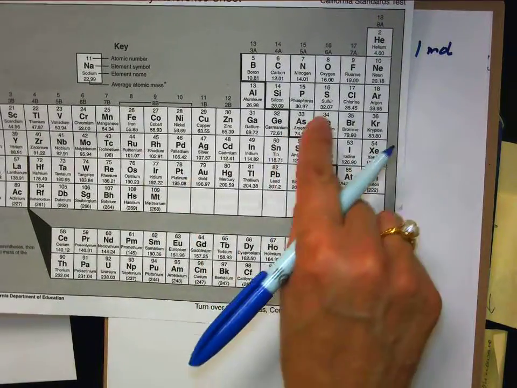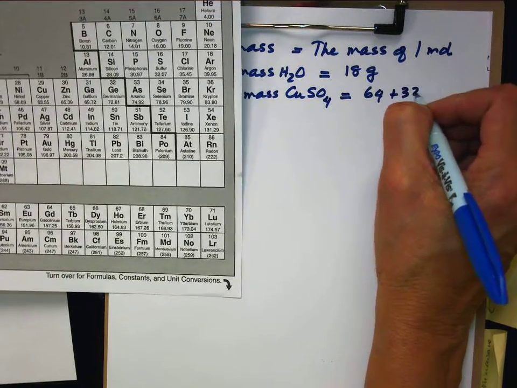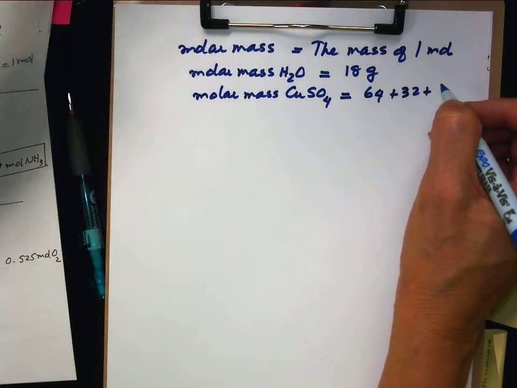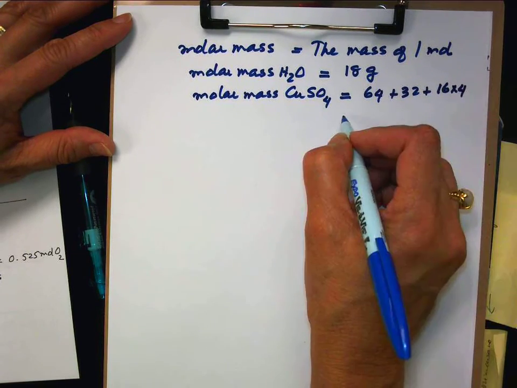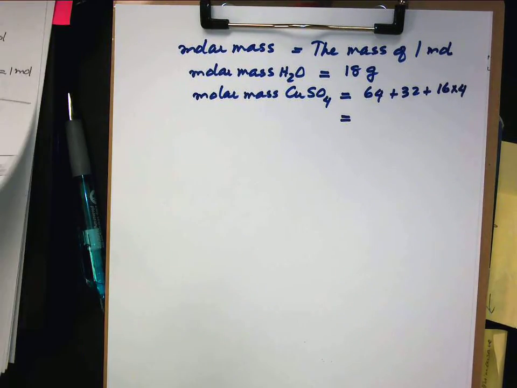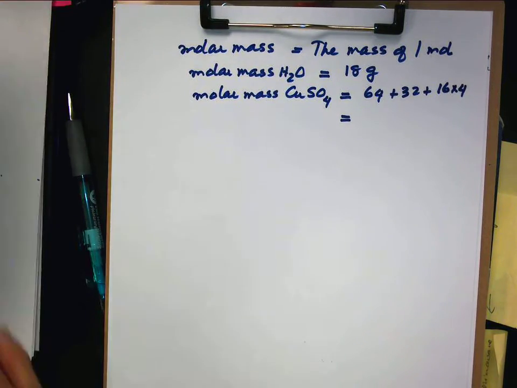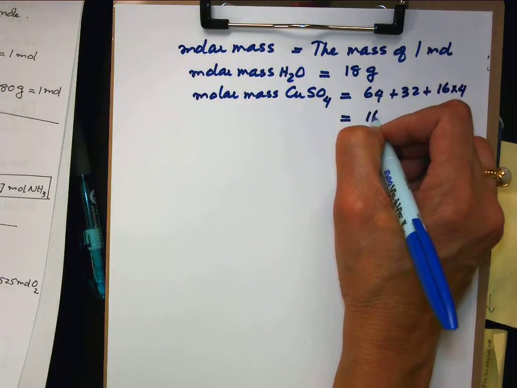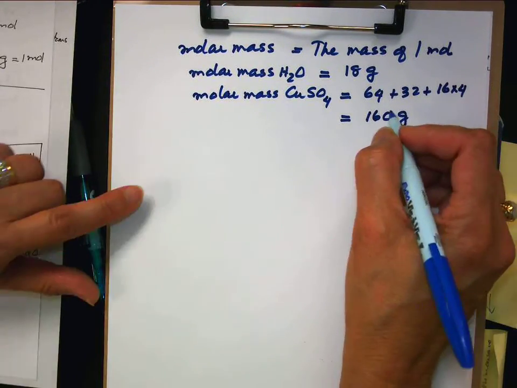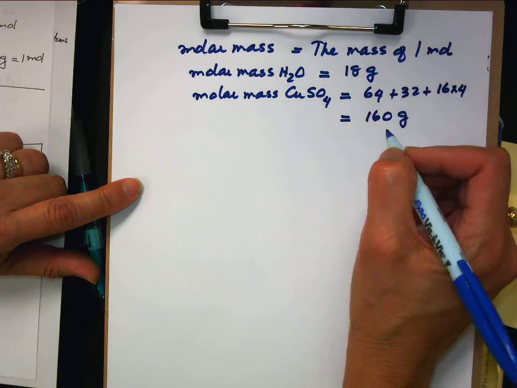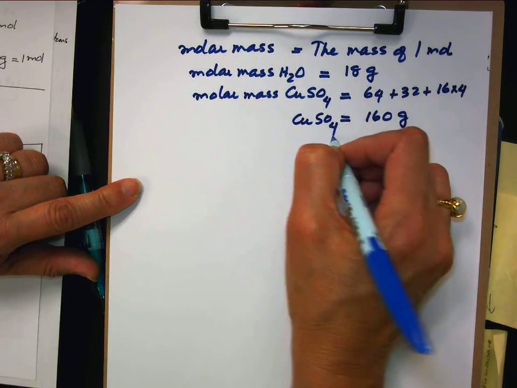Where is sulfur? Here, 32, and 4 oxygen. So oxygen is 16 times 4. So what will that be? That was fast. 160 grams. All right. So 160 grams of copper sulfate will be 1 mole.